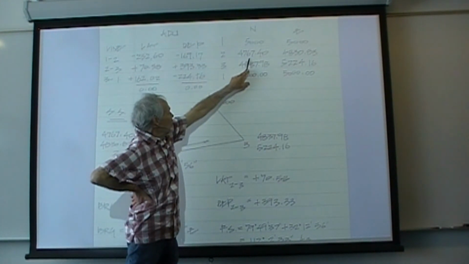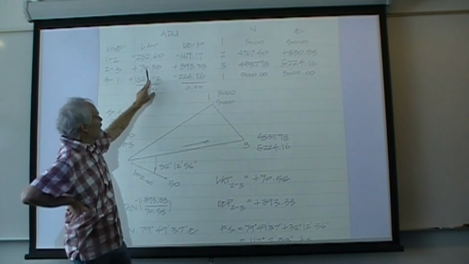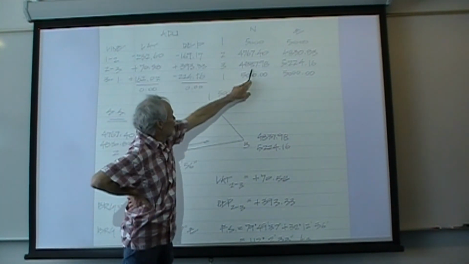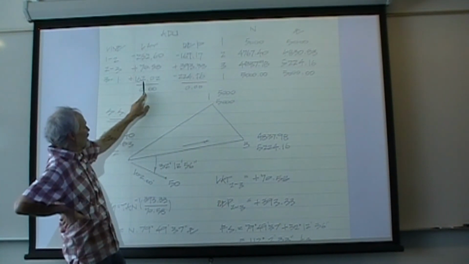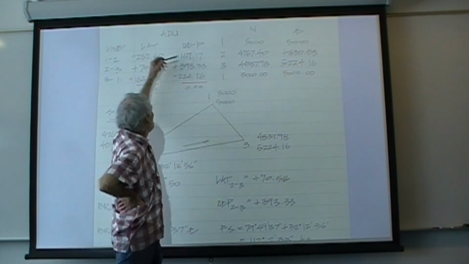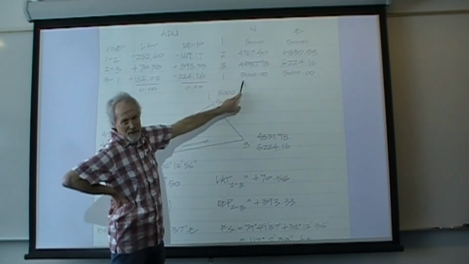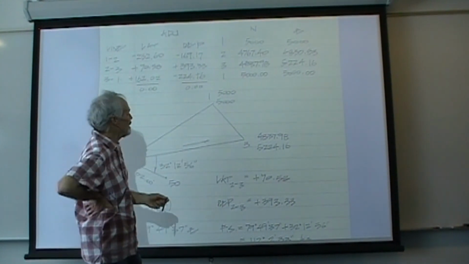Then we're going to take this value plus the 70.58, add them, and that gets written here. And ultimately we're coming back to point 1, so we're taking those and adding them, and this should come back to 5,000. If this is 0, this has to come back to 5,000. So if it doesn't, you made a math mistake. That's just a really simple check.